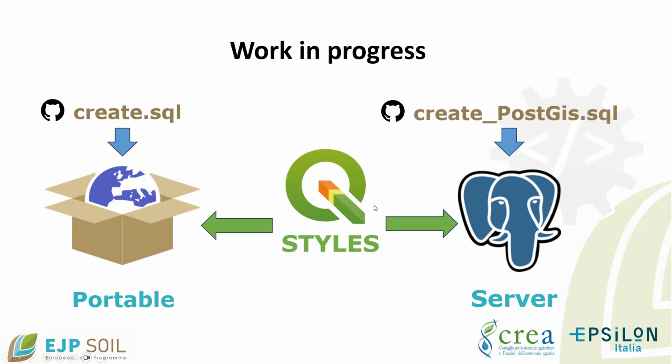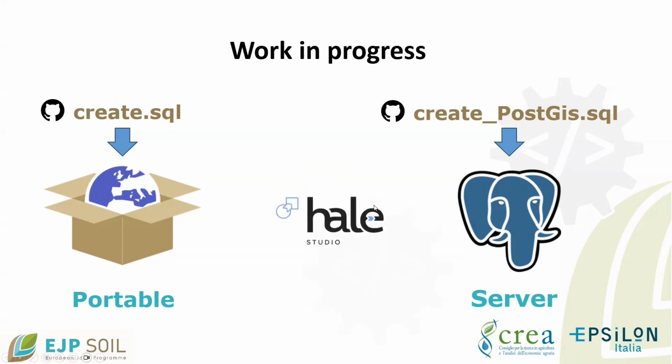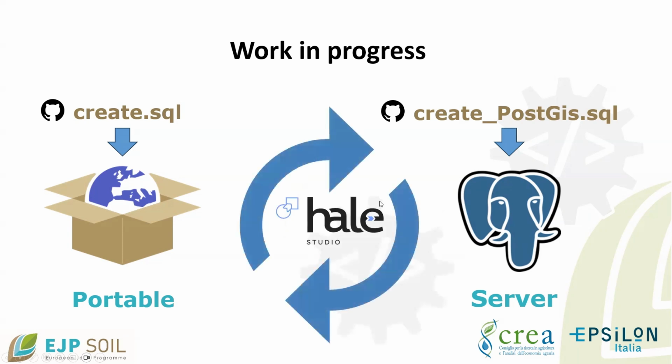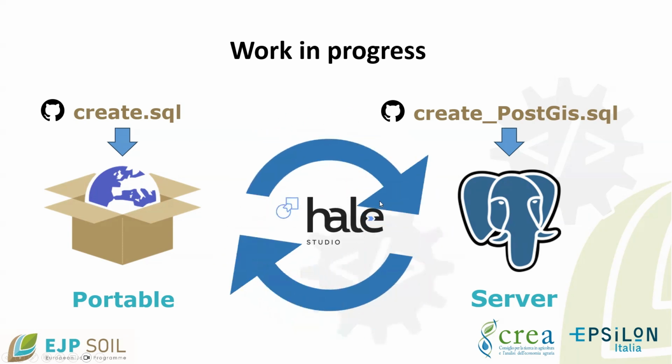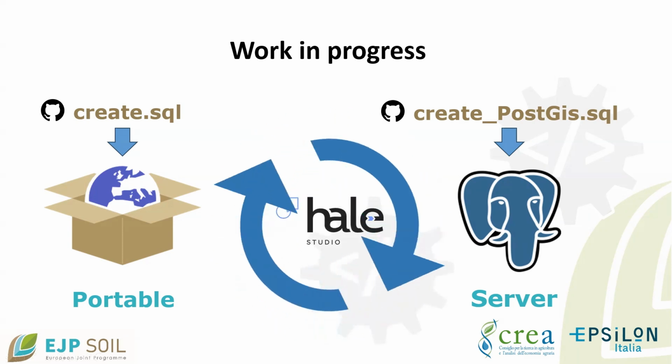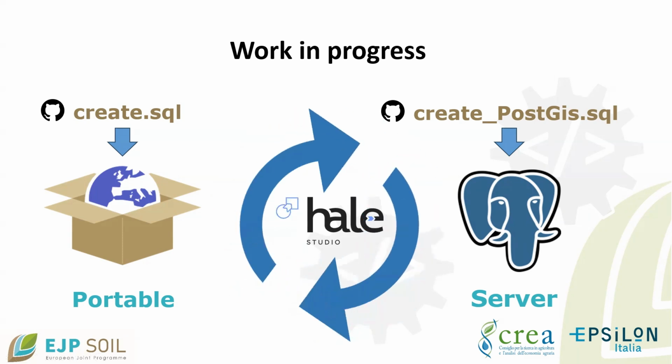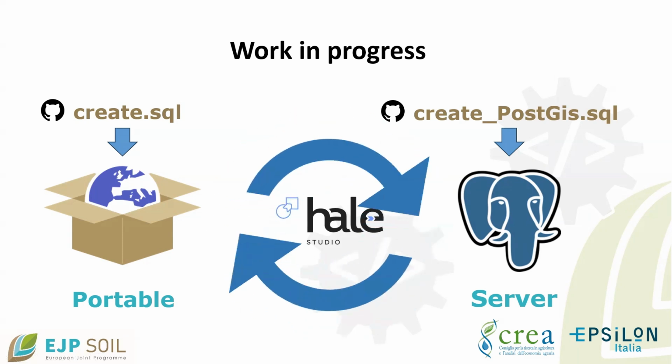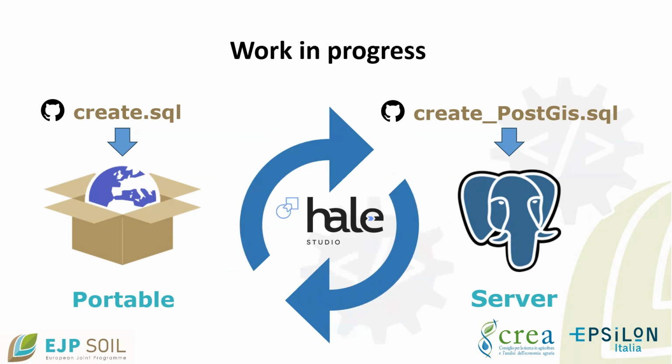So what is work in progress? The work in progress is related to the creation of a HALE Studio project that uploads into PostGIS the data that is encoded in the geopackage format.